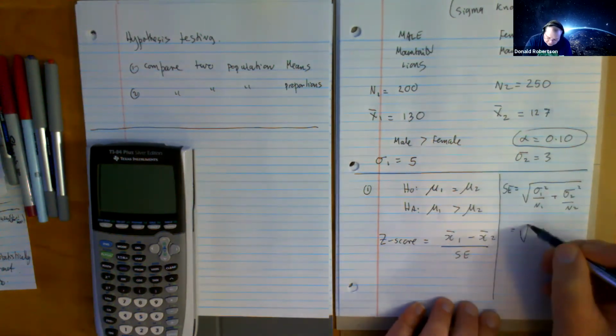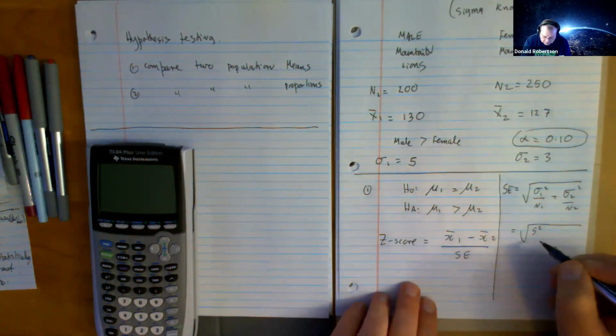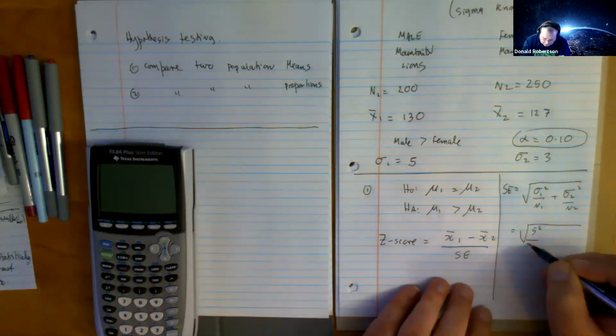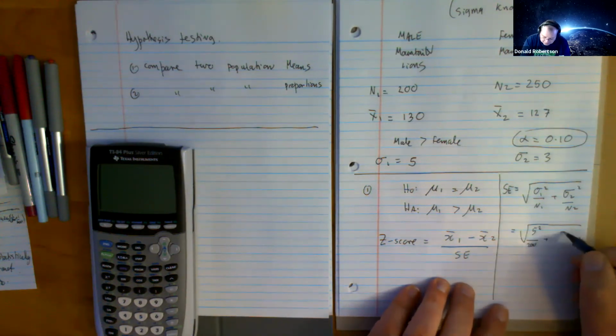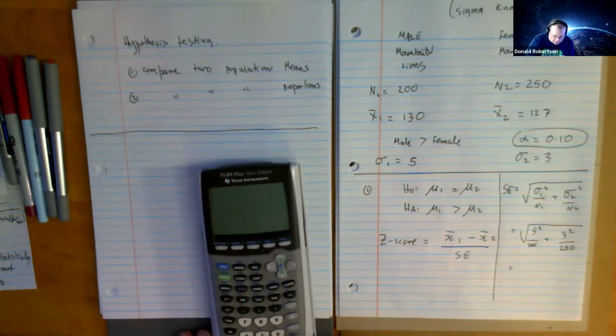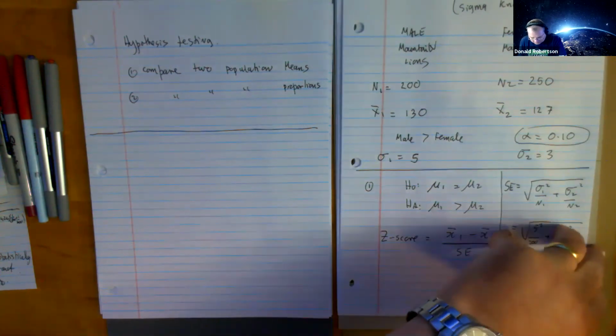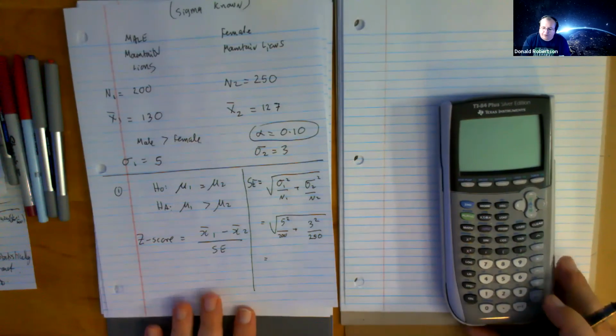So it's not that different, right? In this case, it's going to be the square root of 5 squared divided by 200 plus 3 squared divided by 250. According to my calculator, let's see what that gets us.